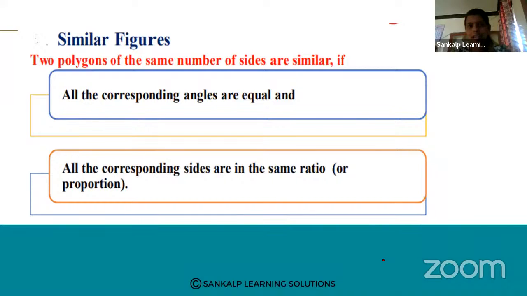Then only you can say that two figures are similar, right? Understood what I am telling? Two polygons of the same number of sides are similar if all the corresponding angles are equal and all the corresponding sides are in the same ratio, or in the same proportion.